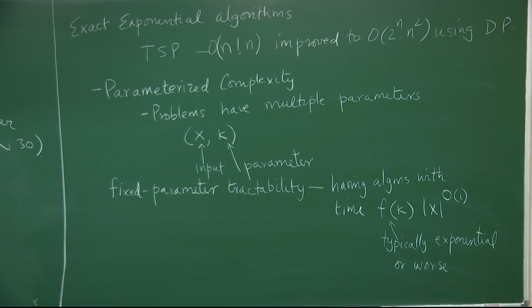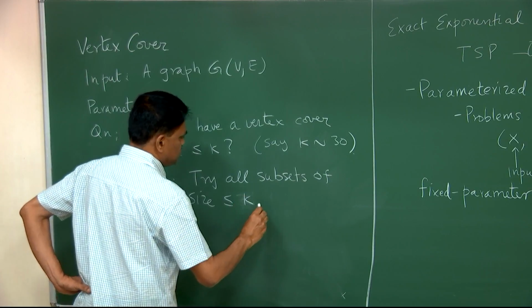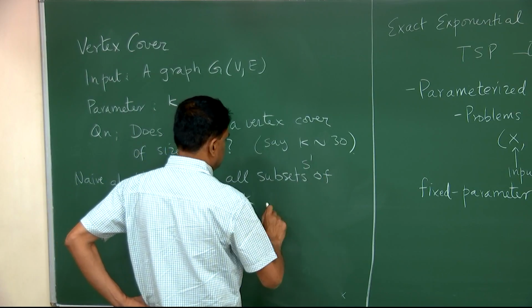So I systematically enumerate all possible subsets of size at most 30, pick up those vertices, run through every edge and see whether one of the endpoints is in this vertex set, right. So, try all subsets of size at most k.